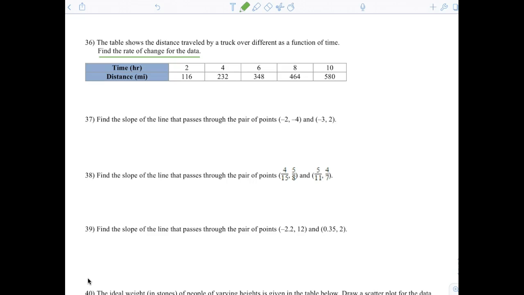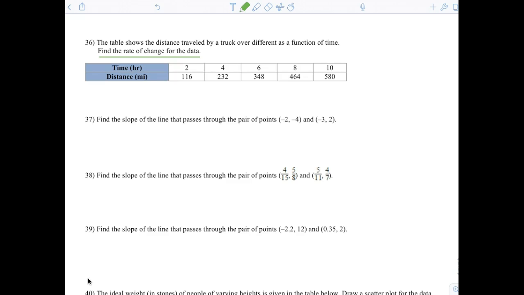Everybody needs to underline rate of change. It's not talking about a percent of increase or decrease. Rate of change means find the slope. Make sure you write that down. That's on all standardized tests. The rate of change is a slope.